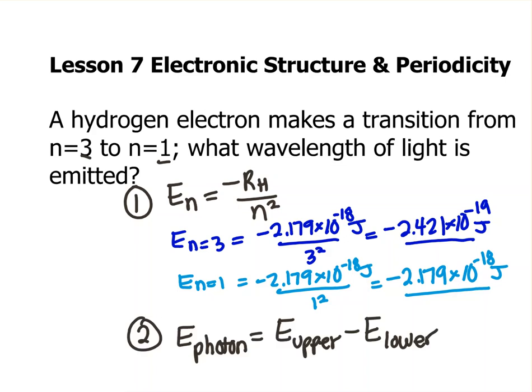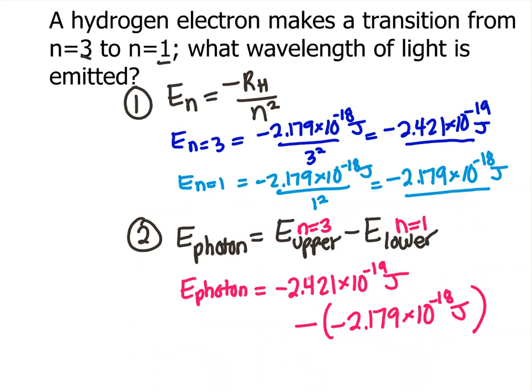So this is to get the energy of the photon that's released. It's not a final minus initial kind of thing. You'll do upper minus lower of these. And by upper, I mean n equals 3, and the lower is n equals 1. So I'm just going to plug in those two numbers. So I did the n equals 3 energy and the first energy level energy.